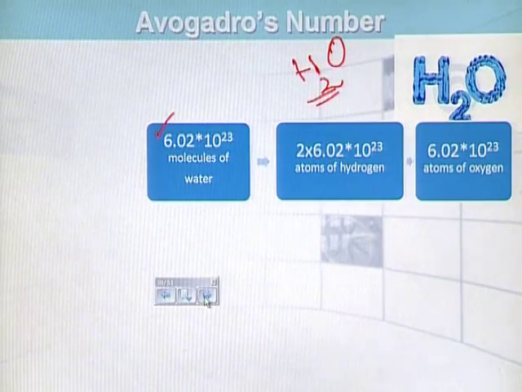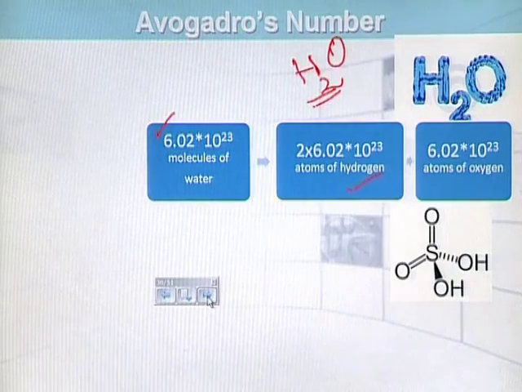So there are 2 into 6.02 into 10 raised to power 23, 2 times the Avogadro's number of hydrogen atoms, and Avogadro's number of oxygen atoms are there in 1 mole of water.